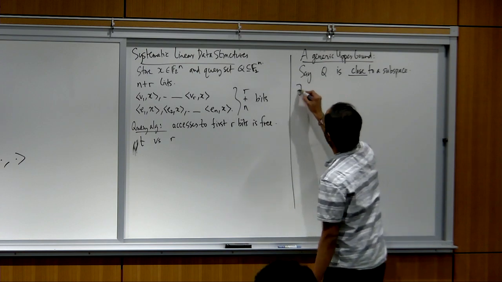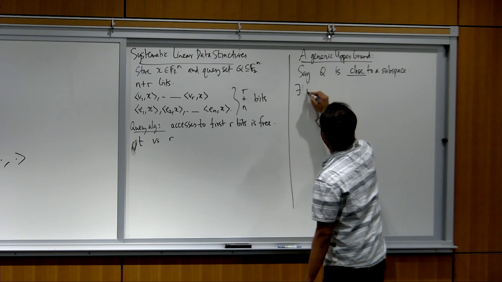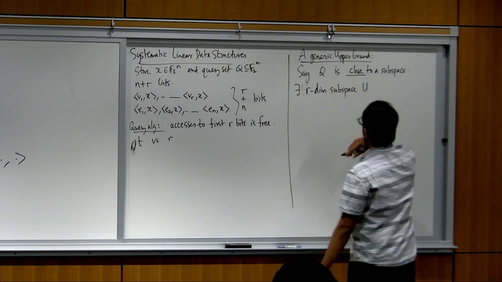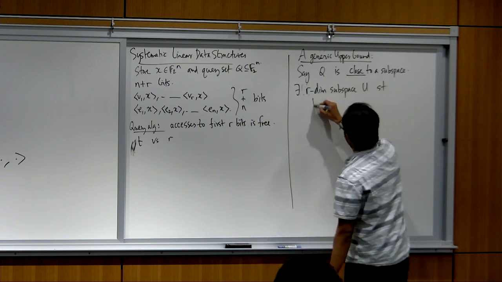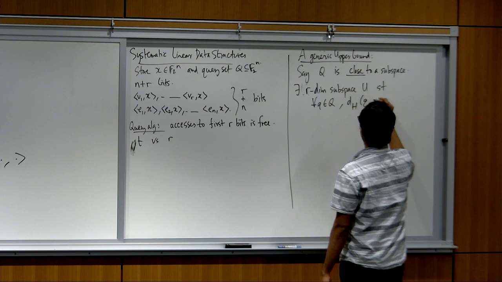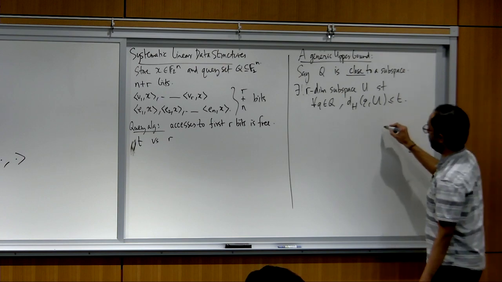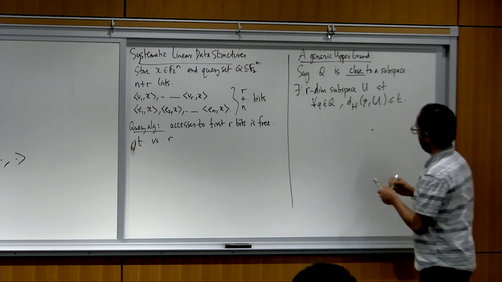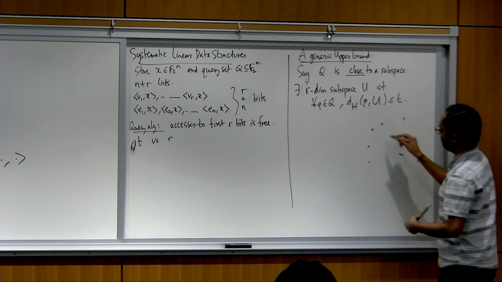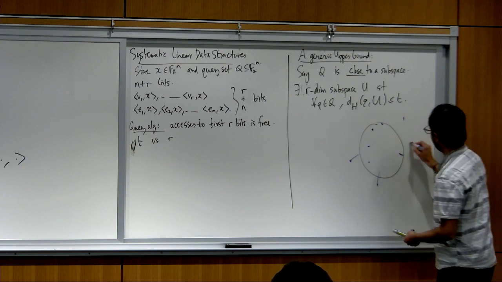Say that there exists an r-dimensional subspace U such that for every q in Q, the Hamming distance of q from the subspace U is at most t. So you have a set of points in F2 to the n, and you find a subspace so that all your points are not too far away from the subspace.